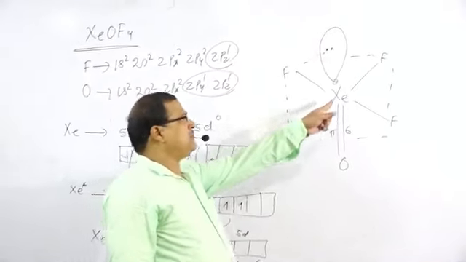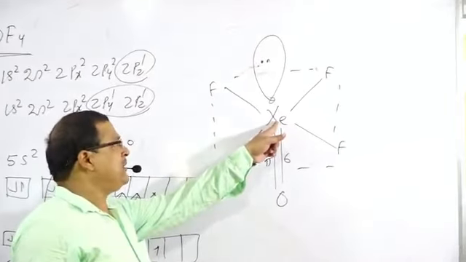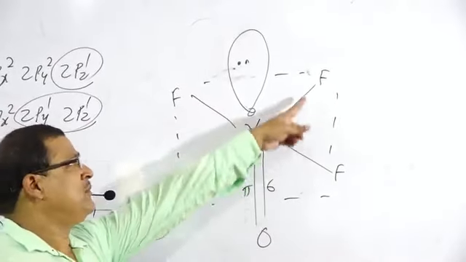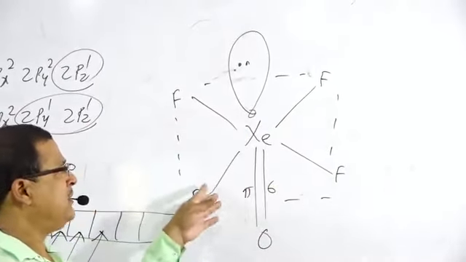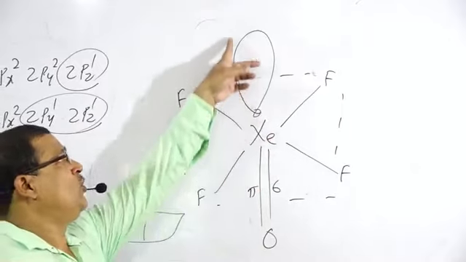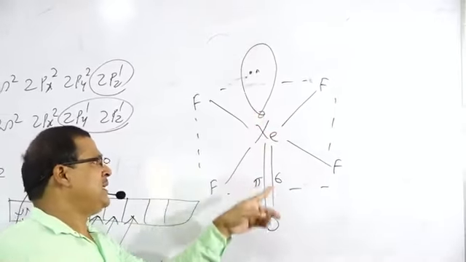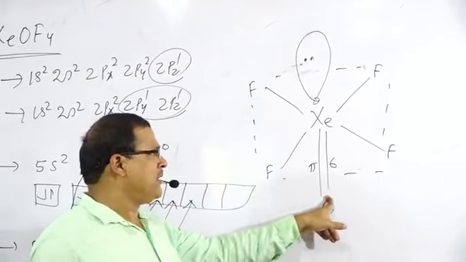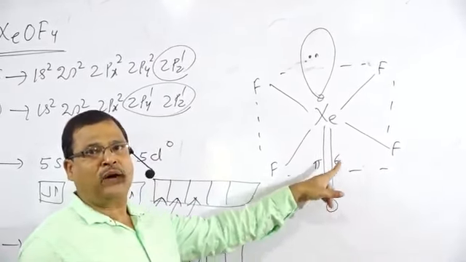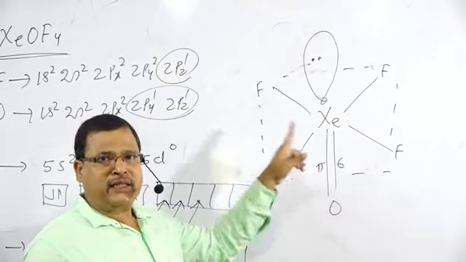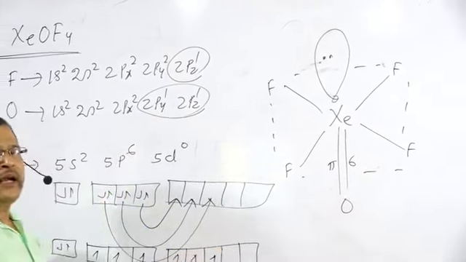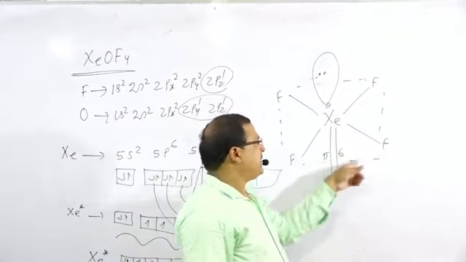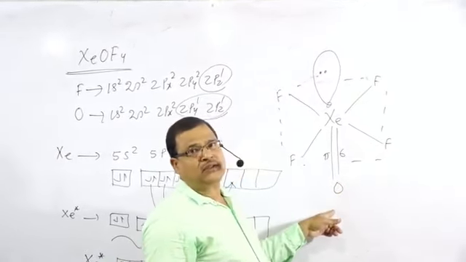So center atom xenon is at the center of the octahedral, four fluorine atoms toward the four corners of the square, but this is your lone pair of electrons to one side and double bond xenon to oxygen, which contains 1 pi and 1 sigma. So instead of octahedral geometry, it is having the square pyramidal structure.